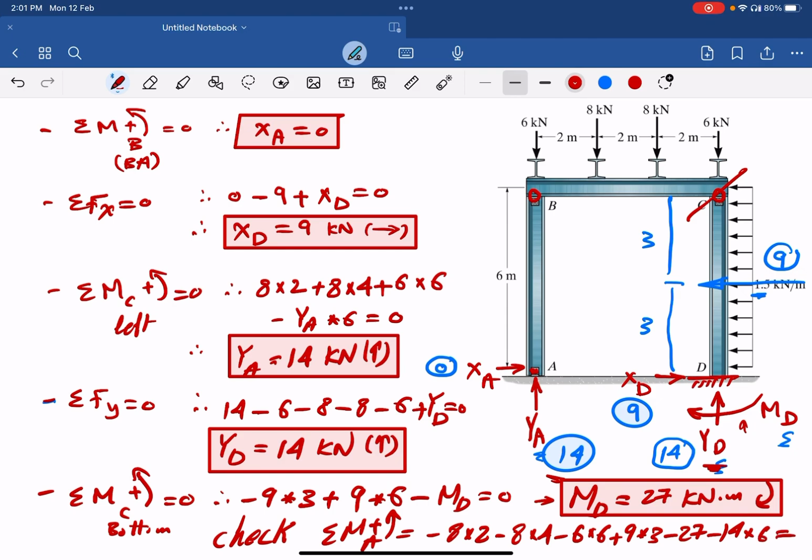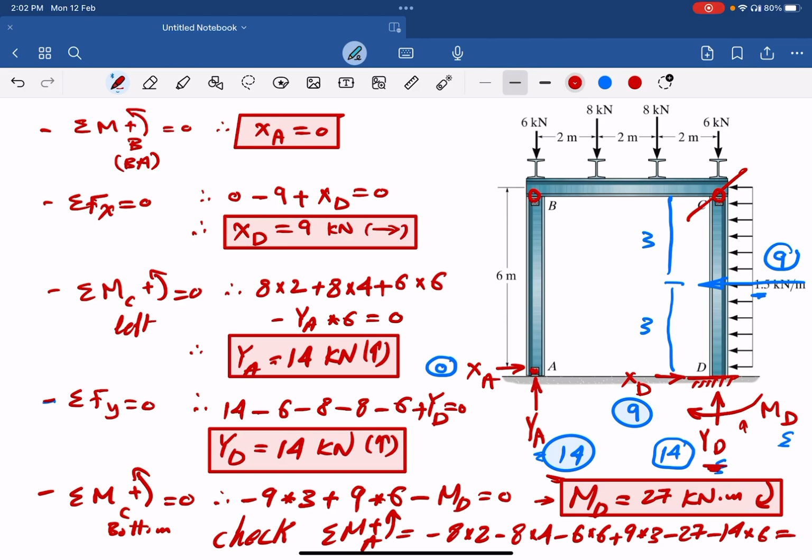So minus 8 times 2, minus 8 times 4, minus 6 times 6, plus 9 times 3, minus 27, minus 14 times 6. No, it is not 0, so there is something wrong with it.